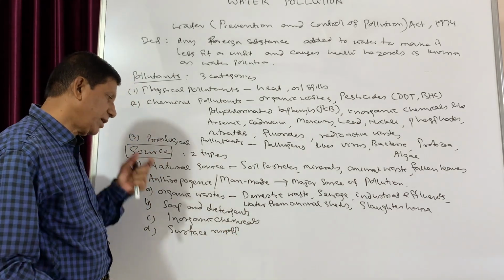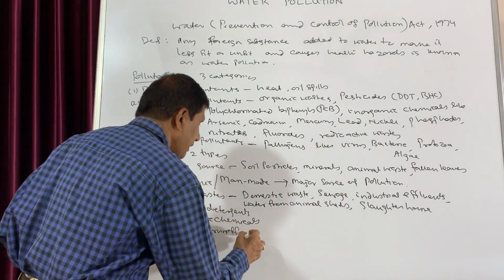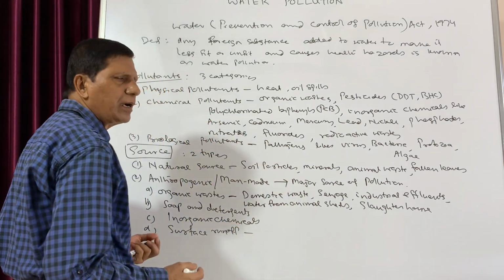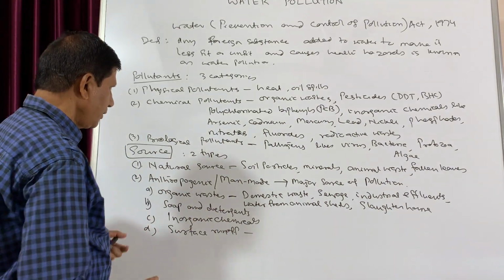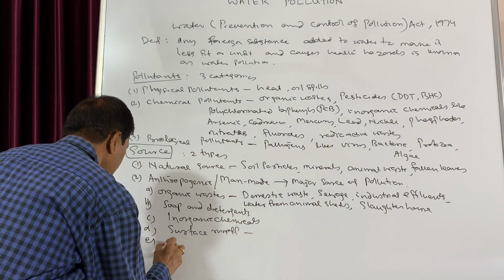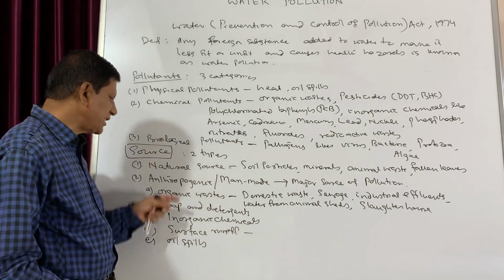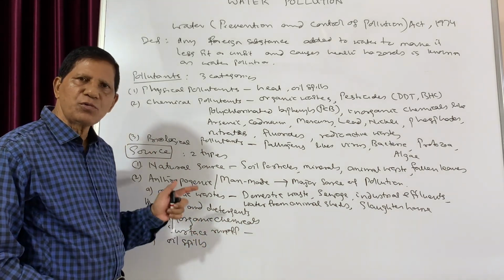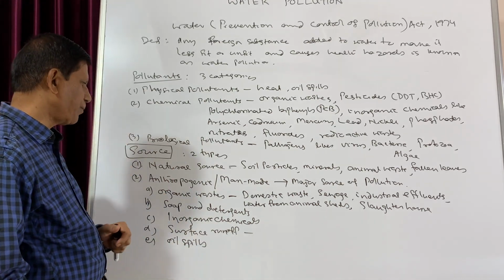That means when the running water moves, it carries different substances with it. That may be sand, silt, and all these things. Also you can write oil spills. That means all these things are not natural. These are mostly man-made, or we can call them anthropogenic.